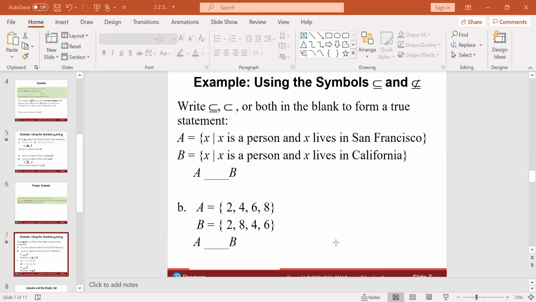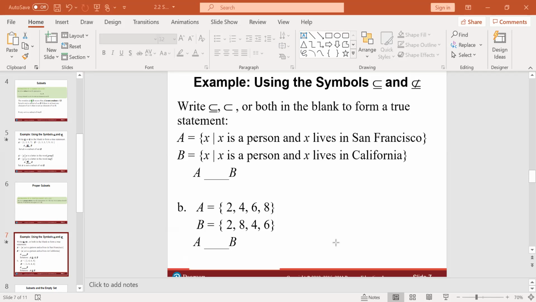So let's say we have the set A. A is the set of all people living in San Francisco right now. B is the set of all people living in California. Is San Francisco a city in California? Yes.